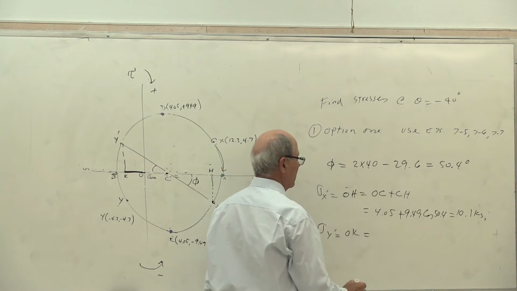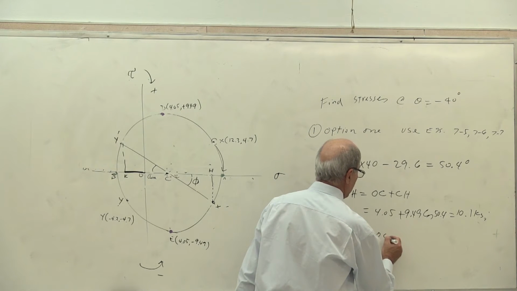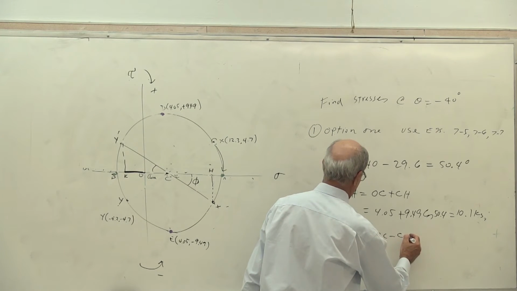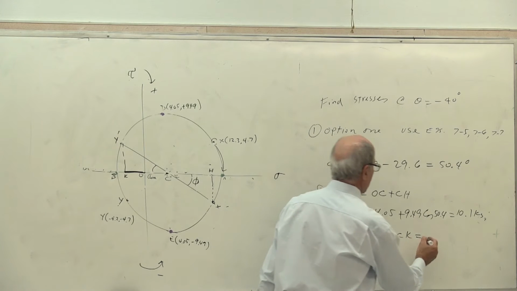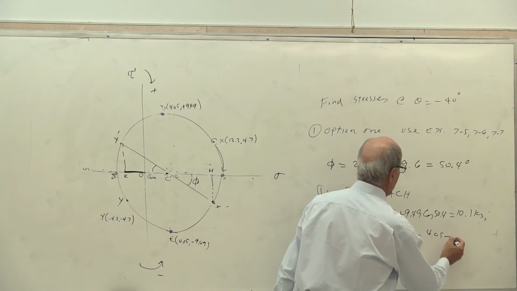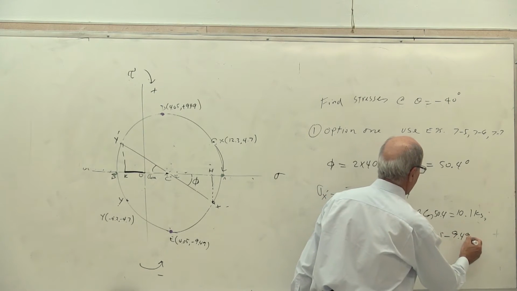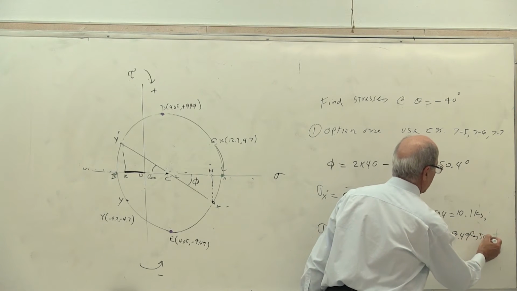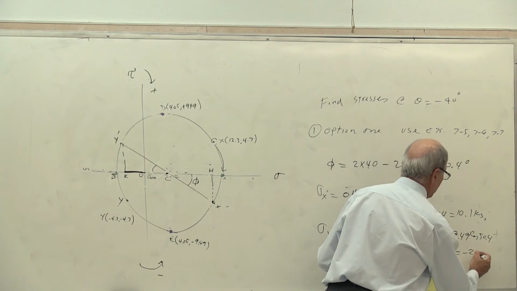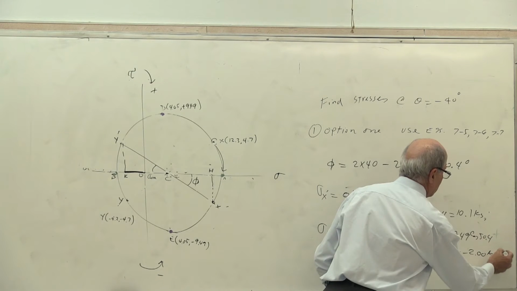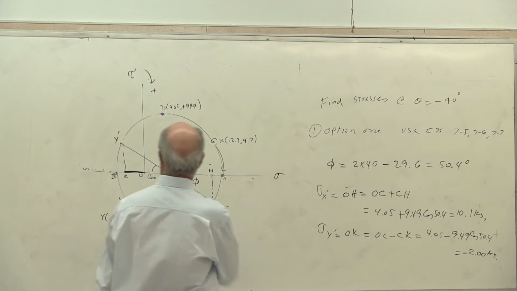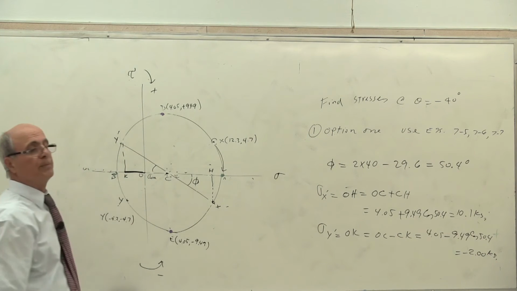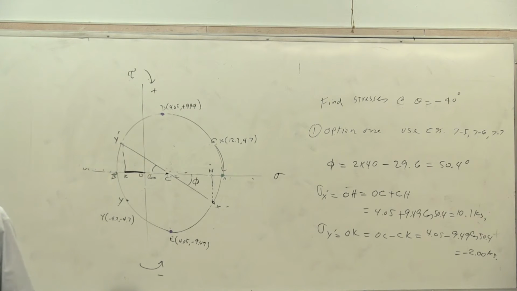So this is OK, which you have OC minus CK. So it becomes equal to 4.05 minus 9.49 times cosine 50.4. Or this time you end up with minus 2 KSI, which is on the negative side, minus 2. Correct? Of course, this is not in the scale.